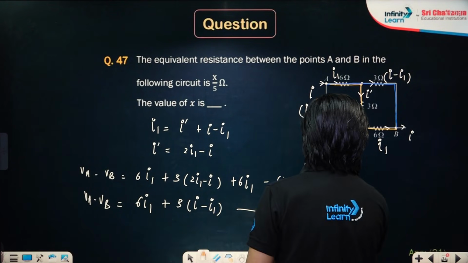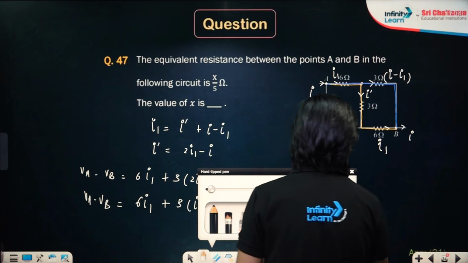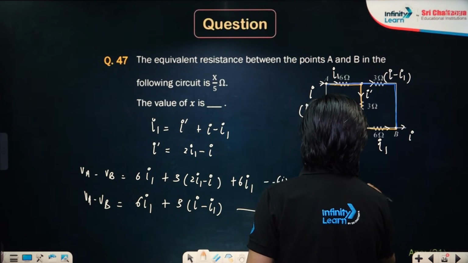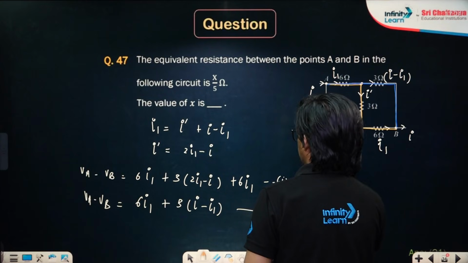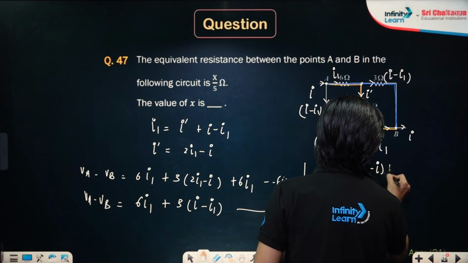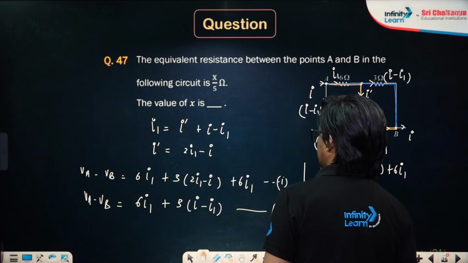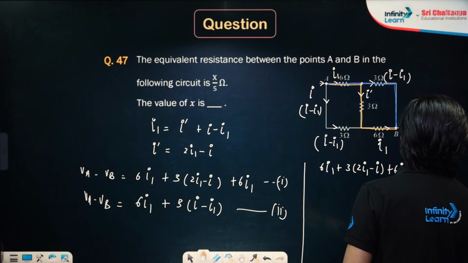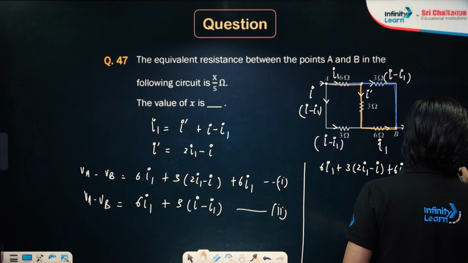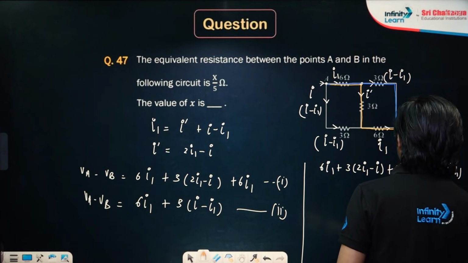You are going to get 6I1 plus 3 times 2I1 minus I plus 6I1, equal to 6I1 plus 3 into I minus I1. Open the bracket.